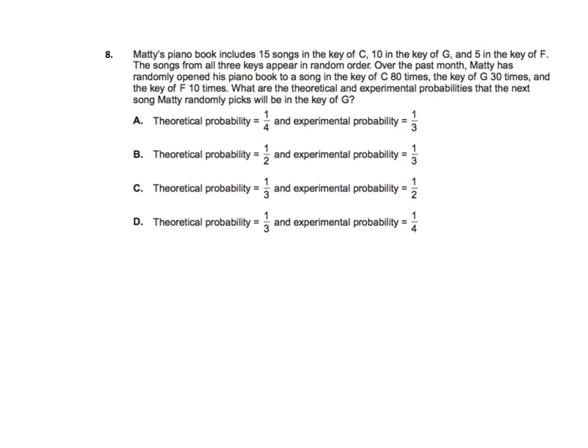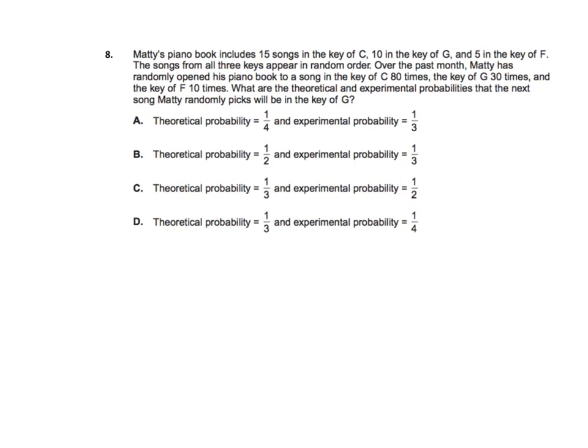Here we have number 8. It is a very long problem and it does take some time, but if you read it carefully, it is a pretty easy problem. It says Maddie's piano book includes 15 songs in the key of C, 10 in the key of G, and 5 in the key of F. The songs from all keys appear in random order.